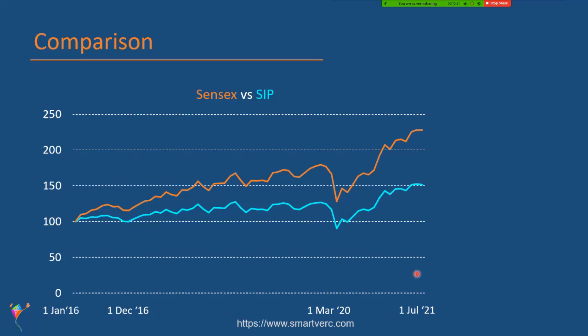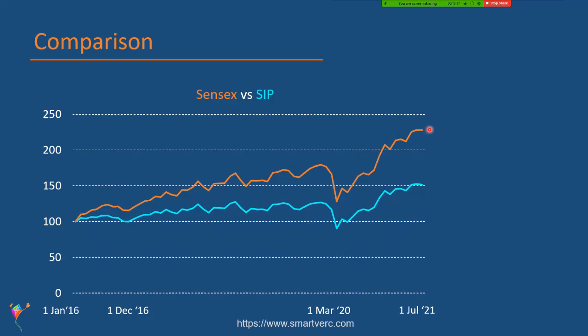It provides you a kind of less volatility. And then finally, up to 1st of July, it is like this. An investor who started an SIP in the index is sitting at 50% returns, while a person who has directly invested in the index is sitting at about 225% returns.